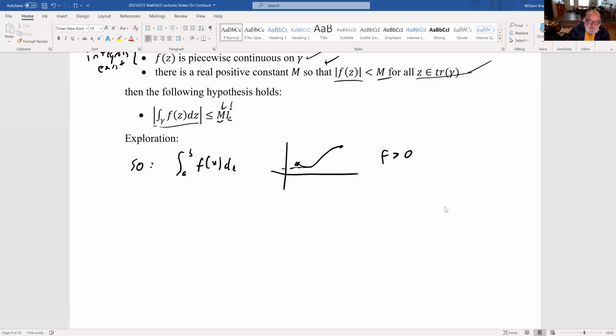It's got a minimum and it's got a maximum. That's capital M and little m. And it goes from a to b. And the area under the graph is the integral. Okay, so that's the integral. But the function is bigger than little m. So the rectangle defined by little m and a and b is contained inside the integral.